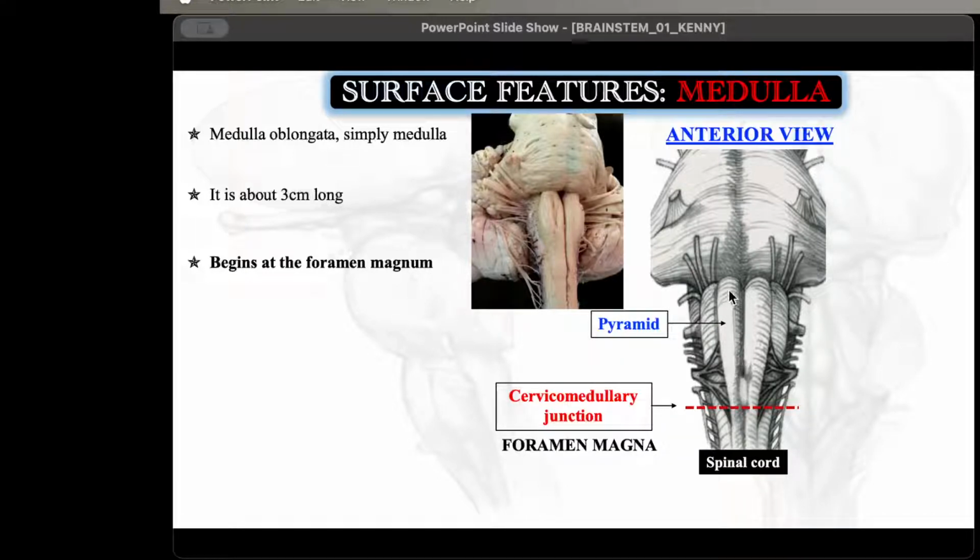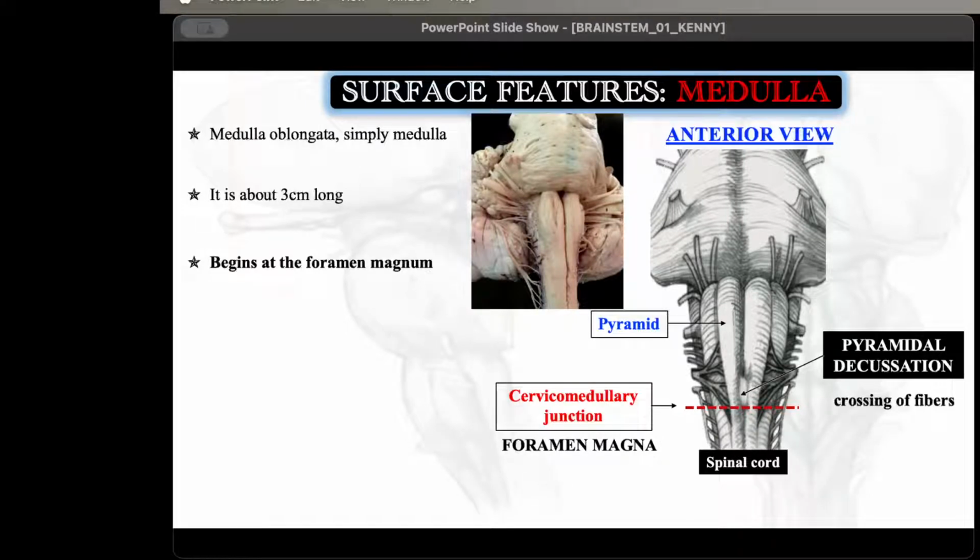We have the pyramid here, and the pyramid is just an accumulation of white matter bundles. They carry the motor tracts specifically that take information from the brain to the lower parts, to the spinal cord. We have some crossing over of information just above the cervicomedullary junction, just above the foramen magnum, and we call it the pyramidal decussation.